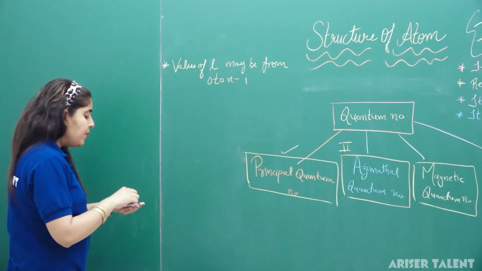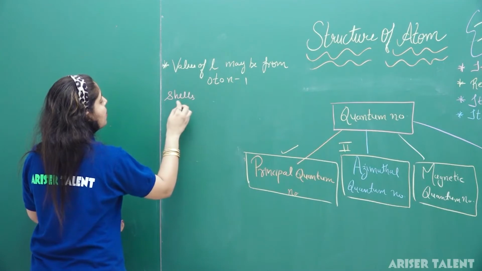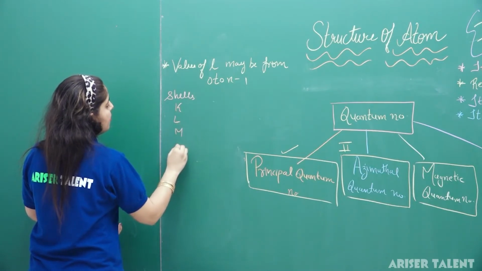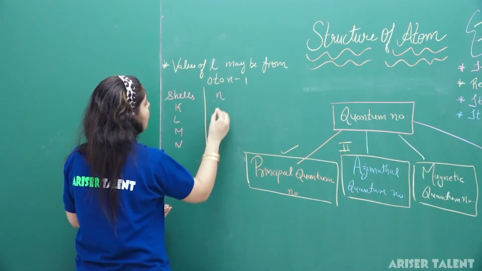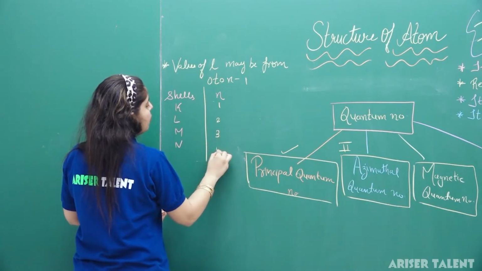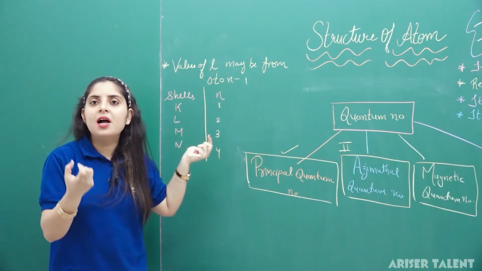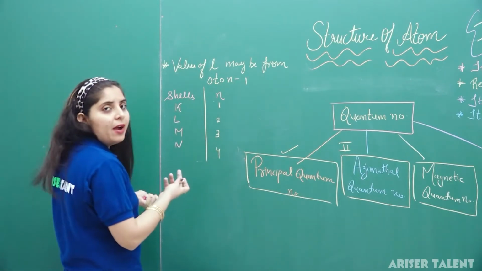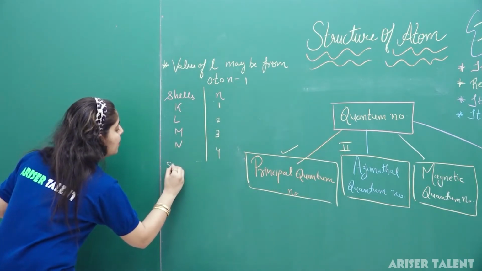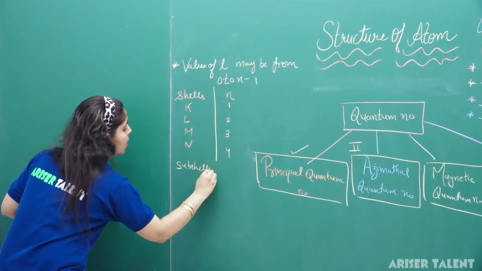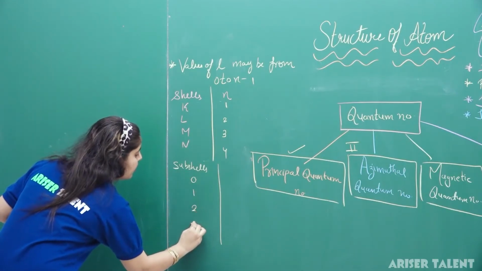Now, what we have considered here, suppose we have shells K, L, M, N, and we know that the values for n will be 1, 2, 3, 4, but if I talk about the azimuthal quantum number, it will start from 0 to n-1. So, we have to consider its value from 0. So, if I talk about subshells, it may start from 0 and it may be 0, 1, 2, 3.